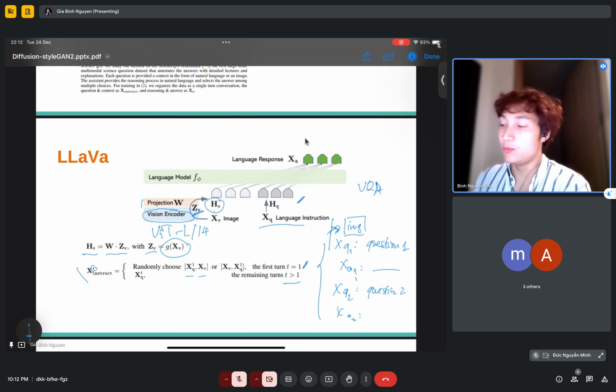The question here is how we get this dataset, right? Image captioning is a really popular task, and it is really easy for us to find image captioning datasets.